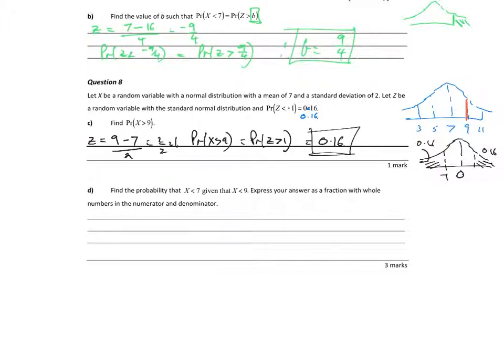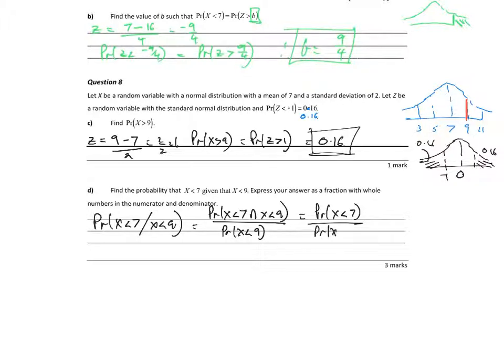Find the probability that X is less than 7, given that X is less than 9. Better write that properly. The probability that X is less than 7 given X is less than 9 is equal to the probability that X is less than 7 and X is less than 9, over the probability that X is less than 9. So what numbers are less than 7 and less than 9? Well, it's just those numbers that are less than 7, over X is less than 9.